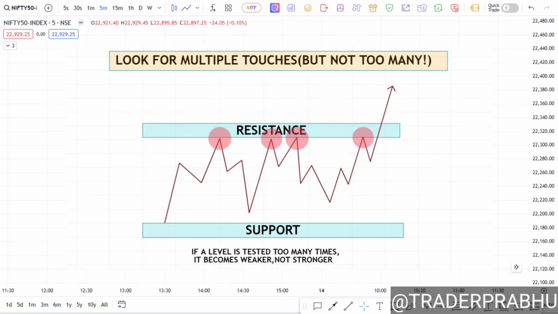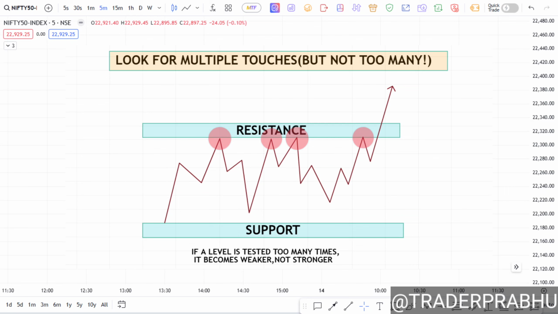Think of it this way: if price bounces from a level once, it might be random. If it bounces twice, it's interesting. If it bounces three or more times, now we are talking. But there is a catch.